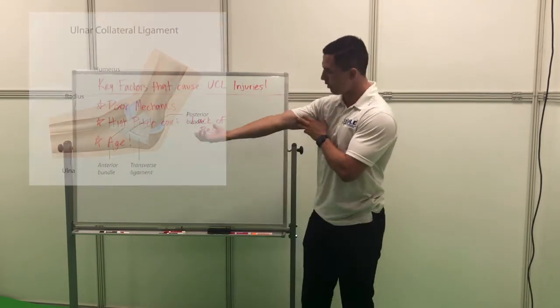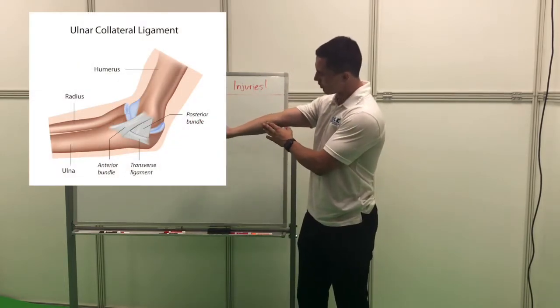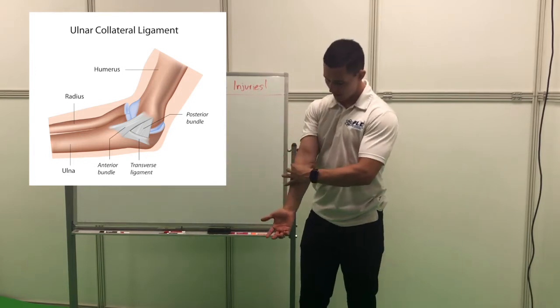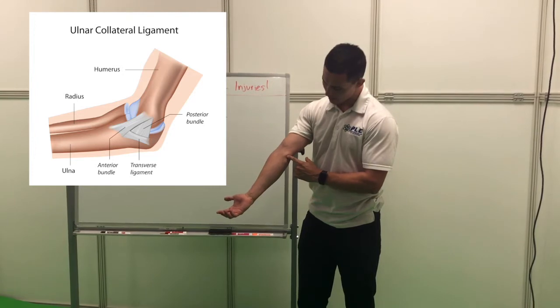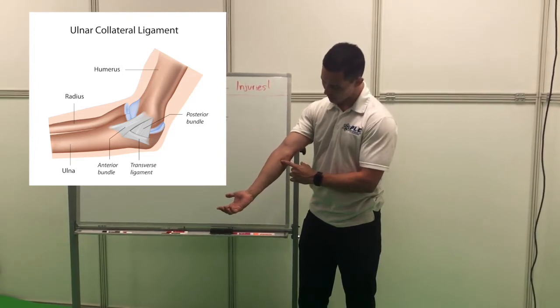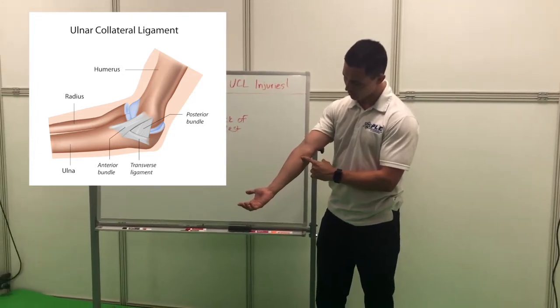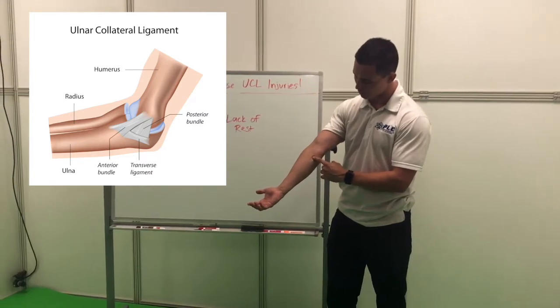First, the UCL is a ligament. It attaches right into your ulnar bone, which is right down here in the arm, and it attaches around this area here. It is the actual ligament, and there's really three different parts of it. There's an anterior part, a posterior part, and a transverse part.